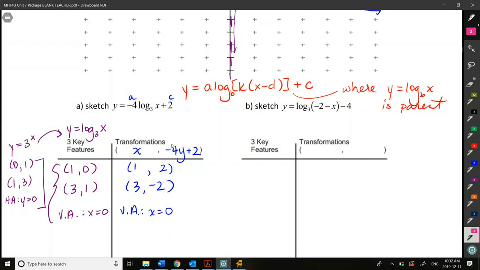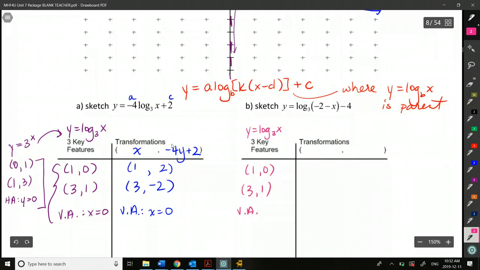Okay, and then the last one, same parent function, so we're still dealing with log base 3 of x. And a, k, d, and c. Jonathan? It's the same. And then k is.